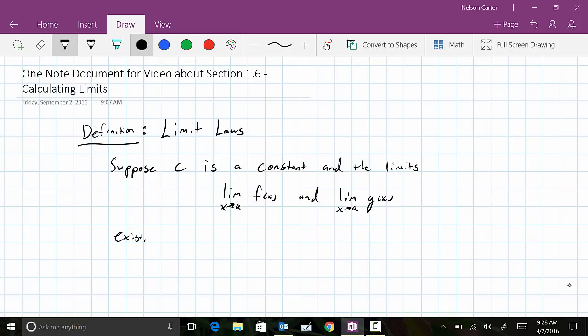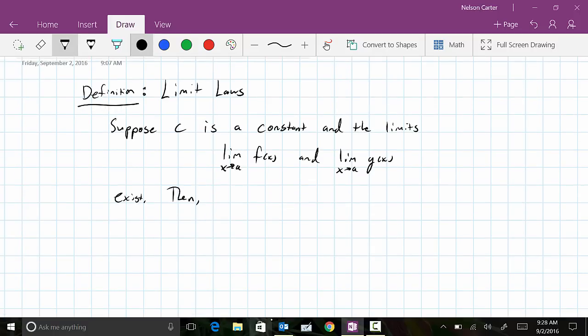Now, what that means again is, c is going to be a constant, okay? And then also a is going to be a constant that x is approaching. And these laws that I'm about to share with you, we can only use if these two limits exist, okay? So that's important.